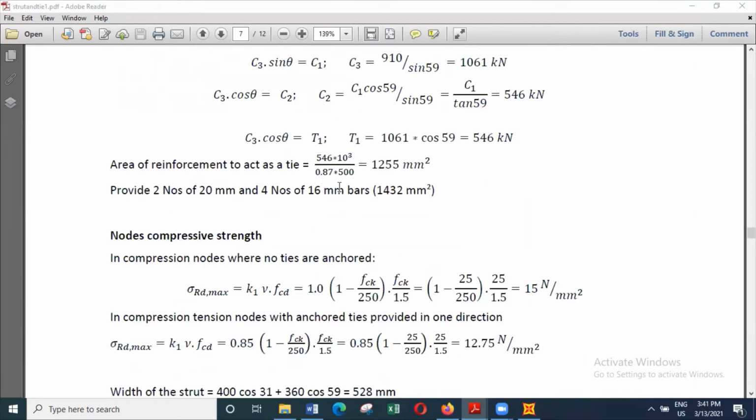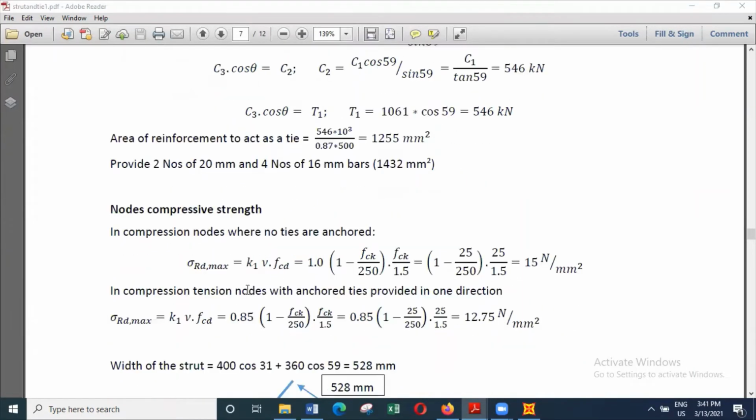So in compression nodes where no ties are anchored, K1 is 1. So sigma RD max is K1 nu FCD, where K1 is 1 and nu is this one. And we are using 25 megapascal concrete. So you will find that this is 15 for 25 megapascal concrete.